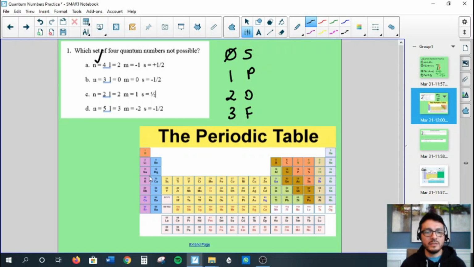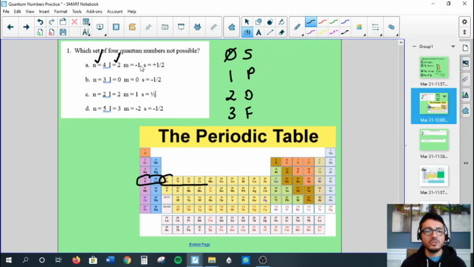This is 4s. This whole part here, that is 3d. All of this here, that is 3d. 4d actually occurs below in the fifth row, but it really is 4d. So is 4d possible? Yes, 4d is possible. So that number is correct.